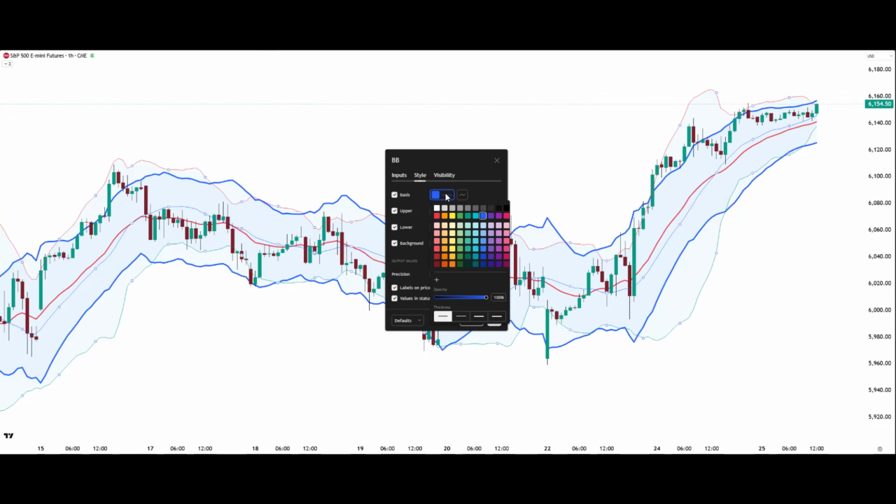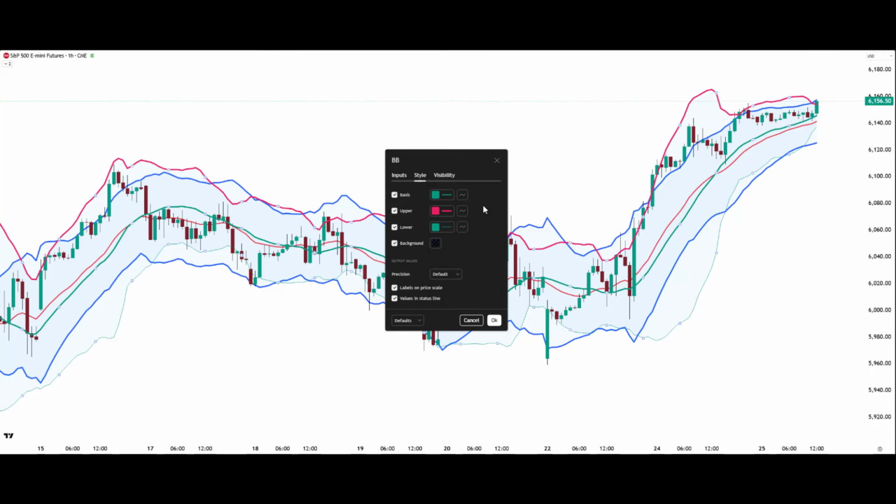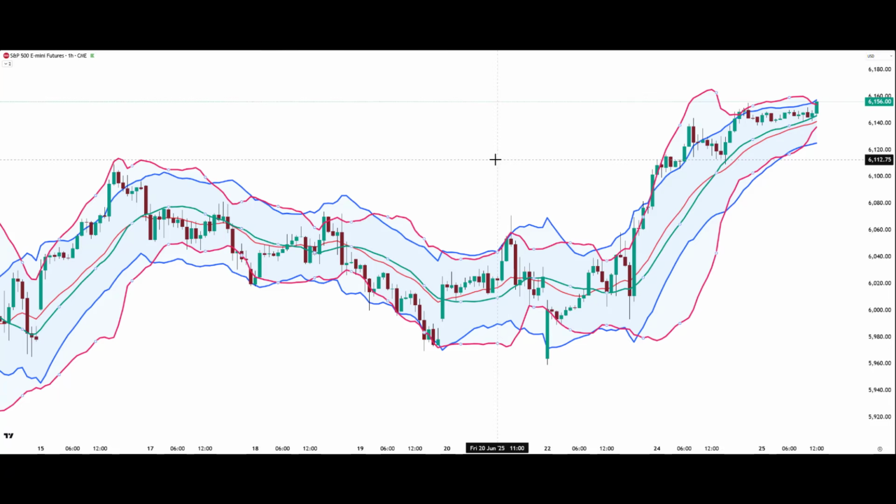Let's just make the colours a bit clearer for you so you can see them a bit easier. Again, remember the defaults of the Bollinger Band, also very similar. The 20 moving average, and as I'm going to go through in just a second, explain the differences between the two, but the Bollinger Band using the 2 standard deviation.